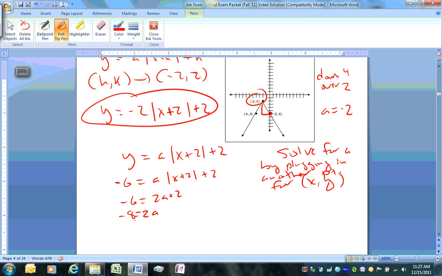Okay, something doesn't seem right here. What did I do wrong? I'm like totally confused why this is not working out. Oh.